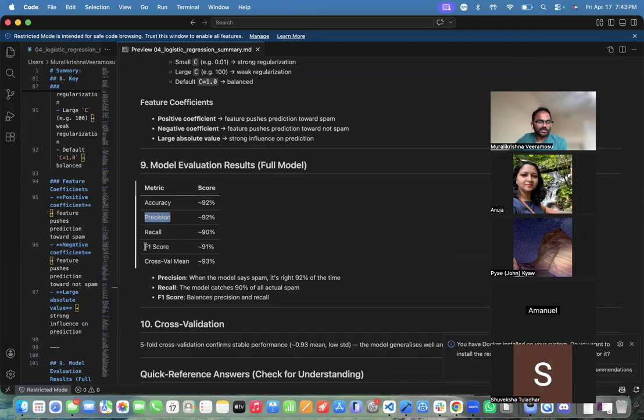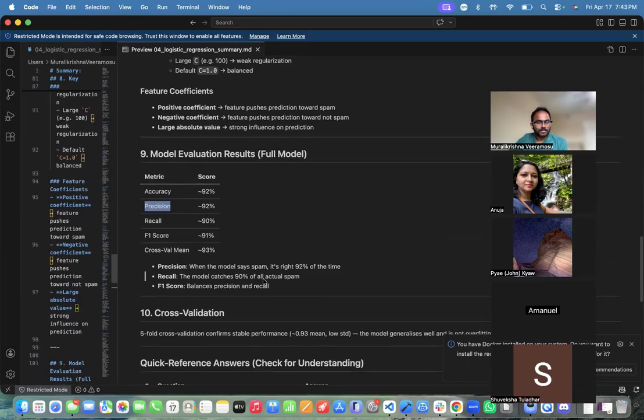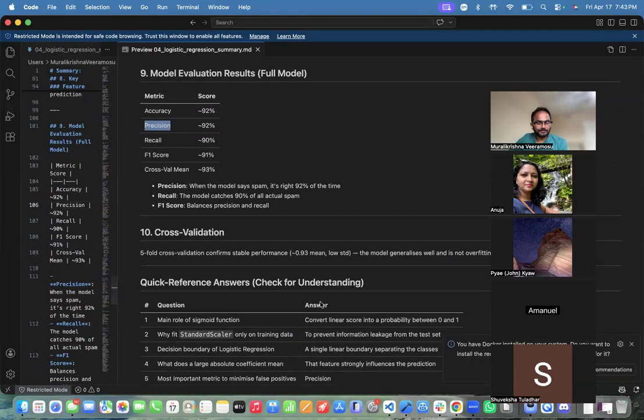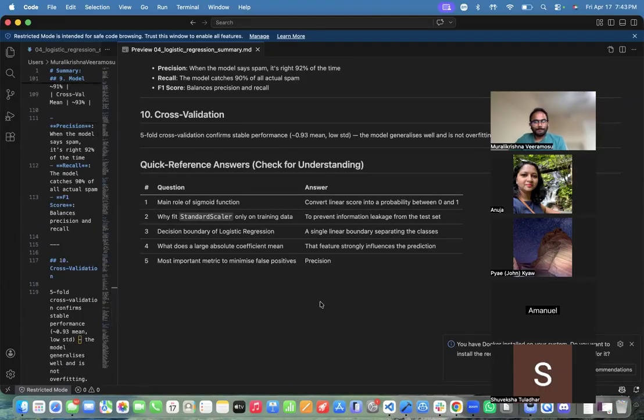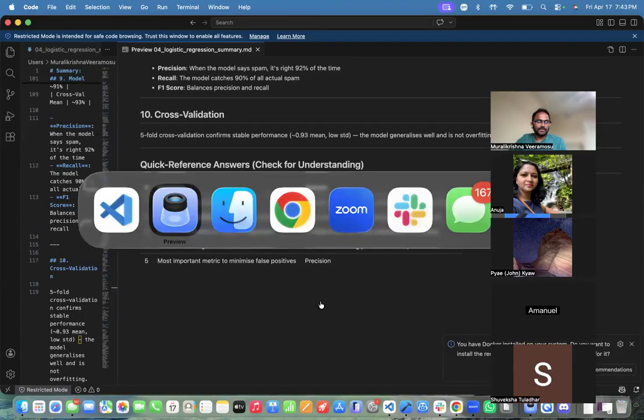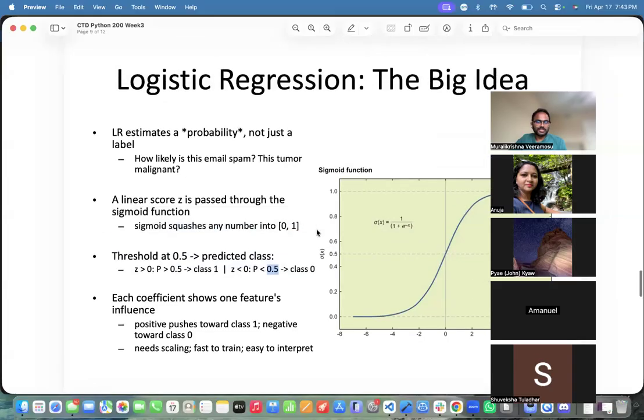Ideally, accuracy and F1 score are enough to validate the classification model, right? Yeah, that's about logistic regression.